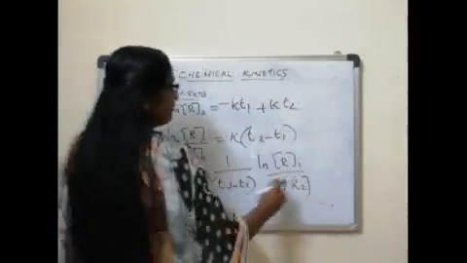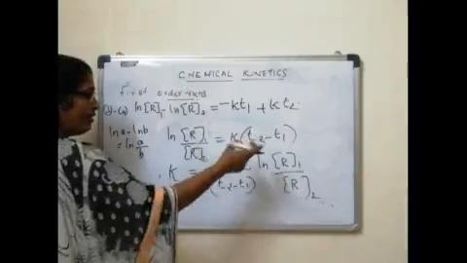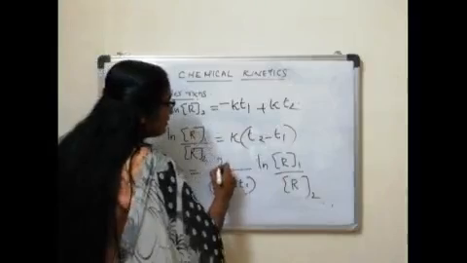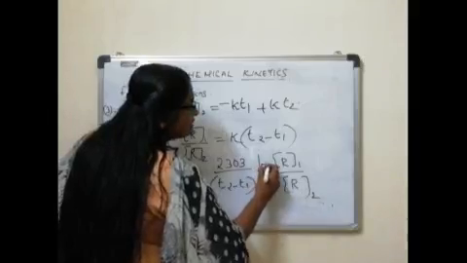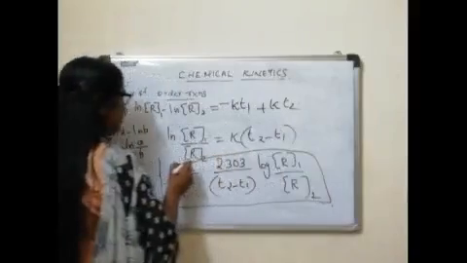In order to do numericals, we have to convert this ln into log, common logarithm, so that we can multiply it with 2.303. Then we can write the equation as 2.303 by t2 minus t1, then ln becomes log R1 by R2. This is also another important equation.